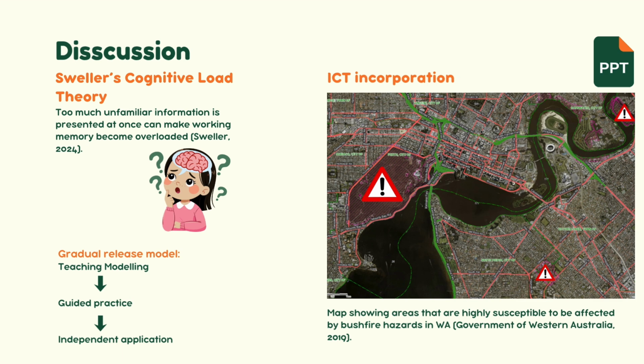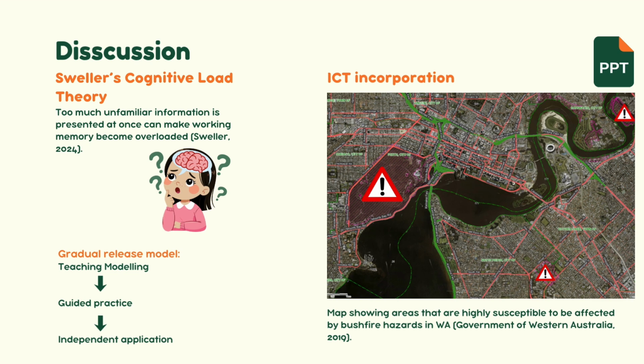To reduce this, I use a gradual release model: first teacher modeling, then guided practice, then independent application. For example, I explicitly teach natural and human causes of bushfire before students complete a classification task, and then respond to a planning task independently. Rosenshine supports this structure through small steps, modeling, and checking for understanding.